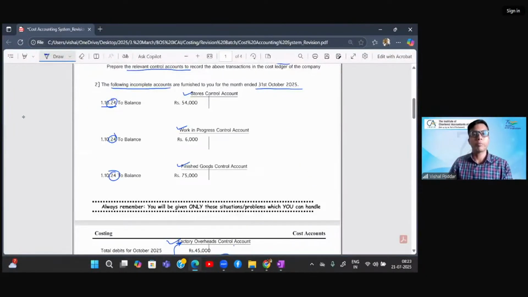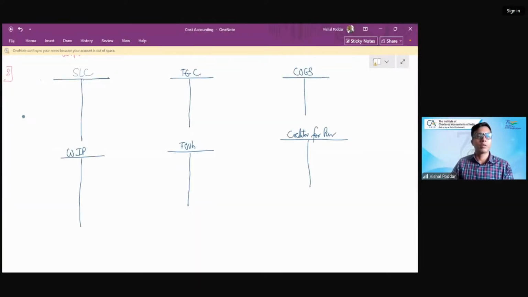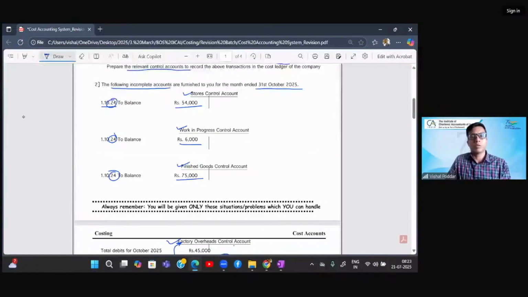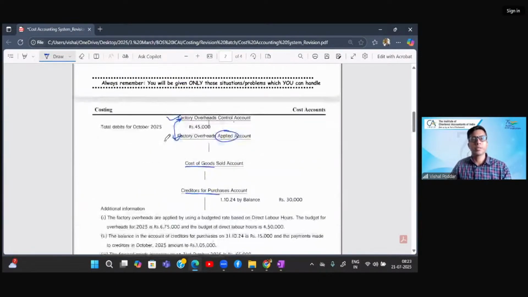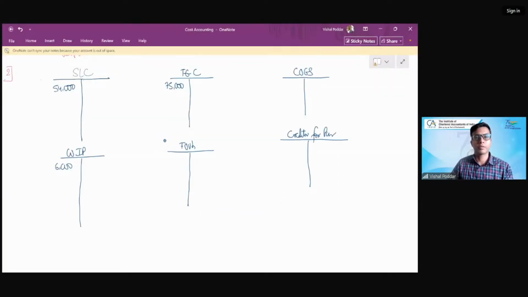Okay. Opening balance SLC 54, WIP 6, finished goods 75. Factory overheads, the total debits is 45. So I'll call it as to bank 45.